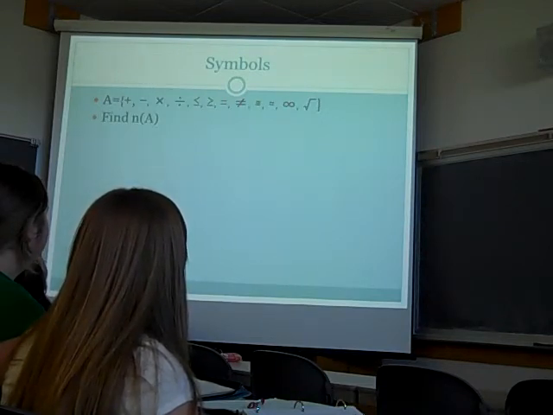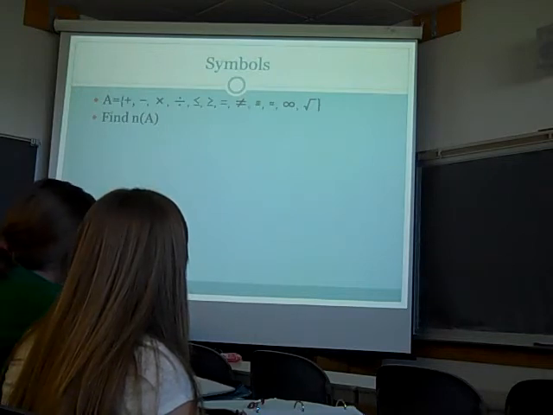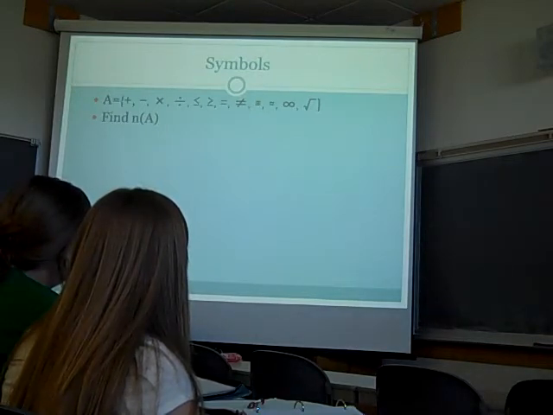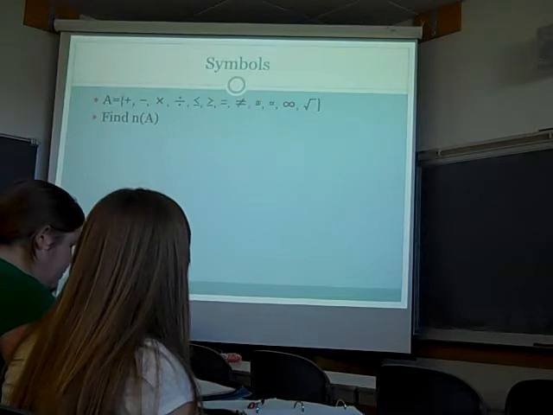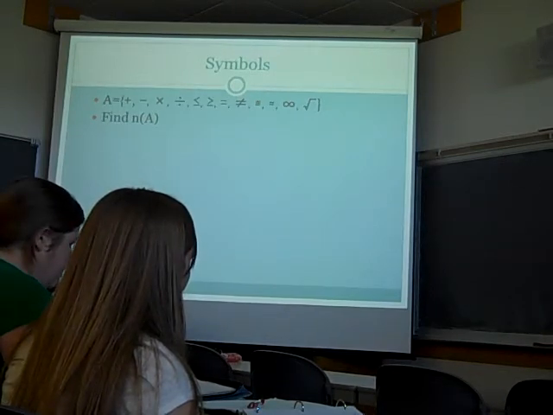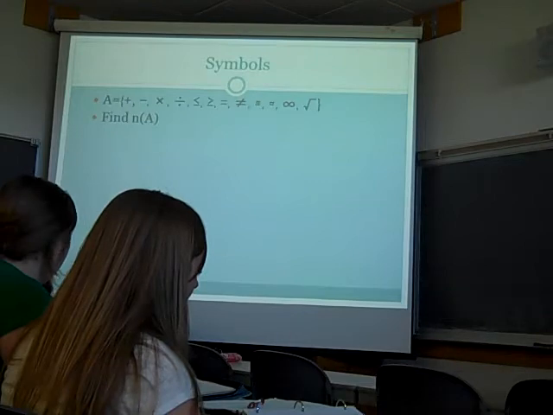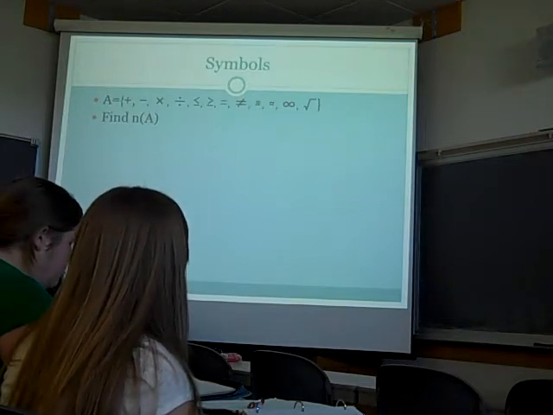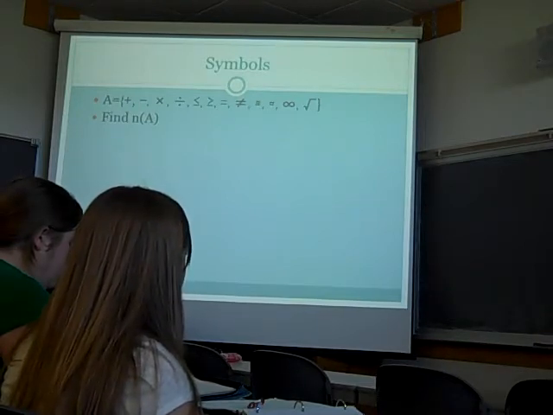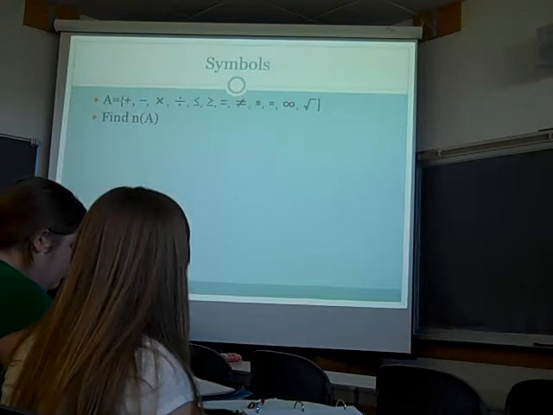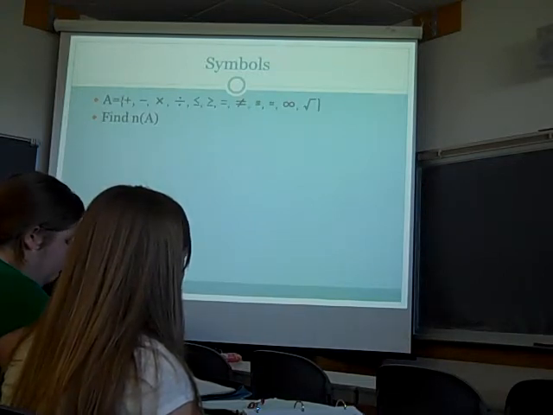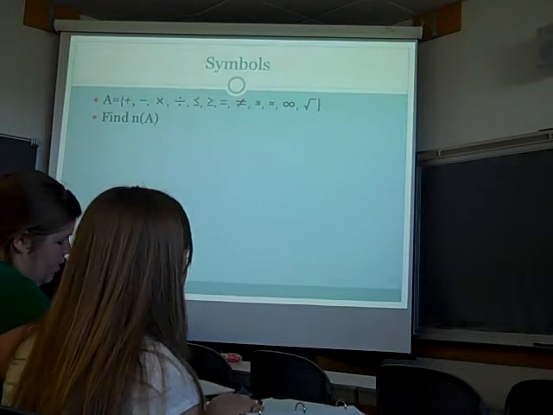Now here is the symbolism that we use for cardinality. When you see a little n followed by a capital letter, which is what we always use for our sets, in parentheses, the way we're going to interpret that is cardinality of set A. Okay, so it says find that little n, capital A, that means find the cardinality of A, which means what?